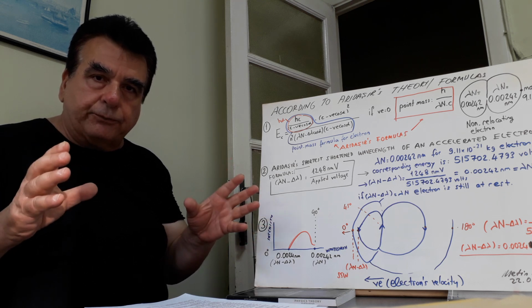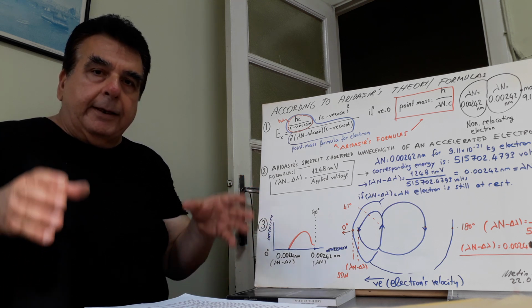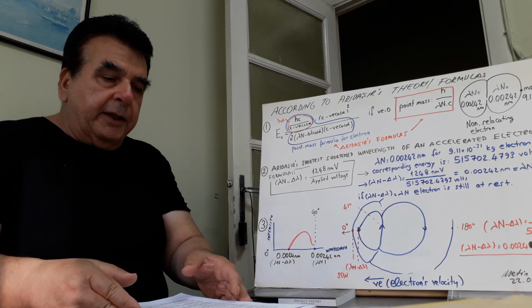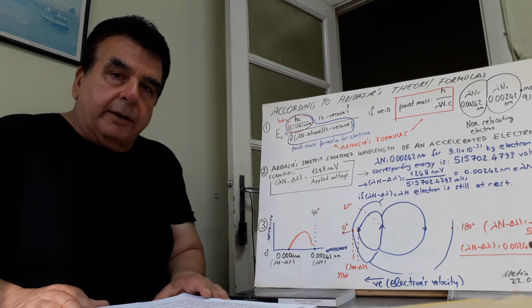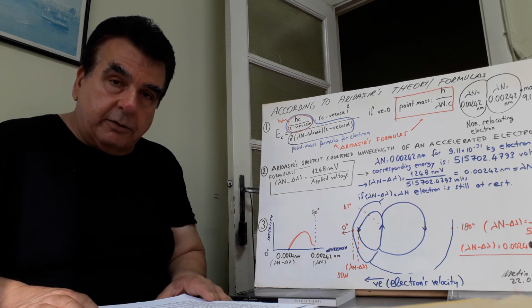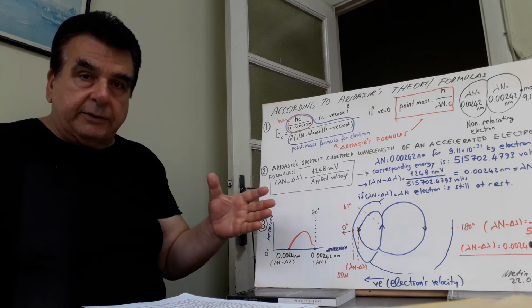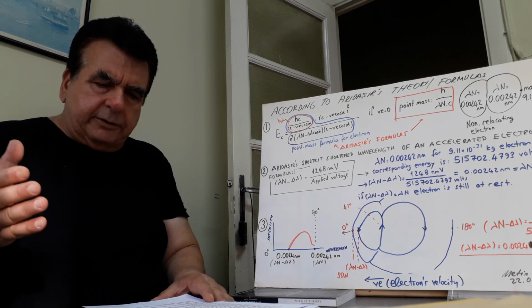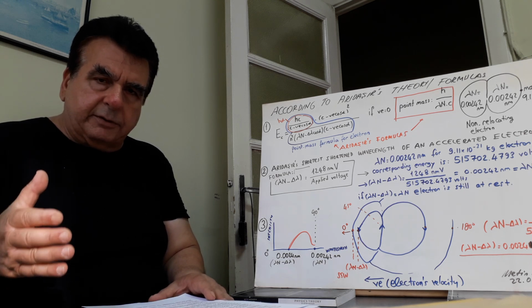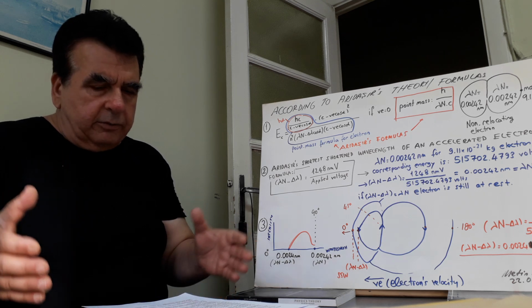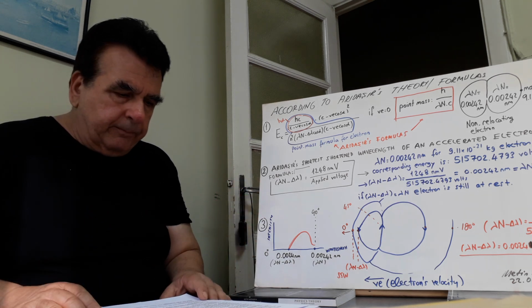This is proof that an electron has not 9.11 × 10⁻31 kilogram. This is wrong. Electron constant mass 9.11 × 10⁻31 kilogram is wrong.